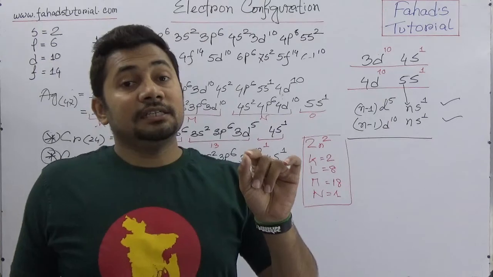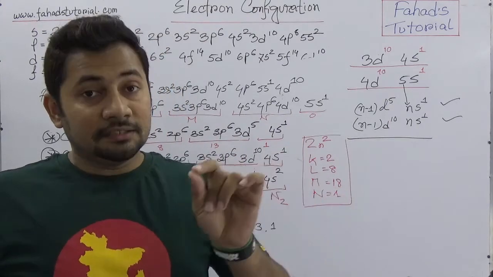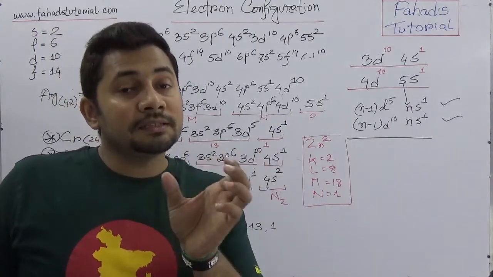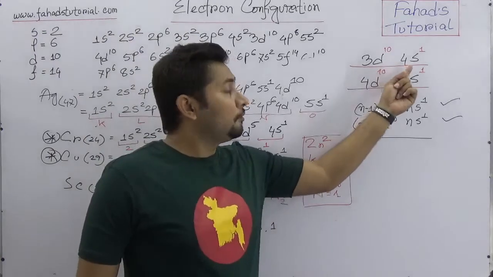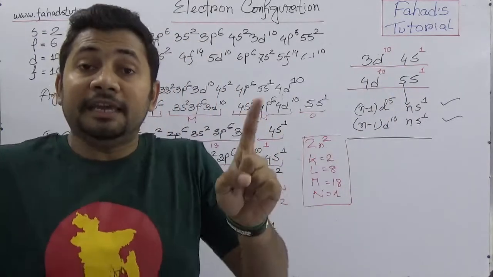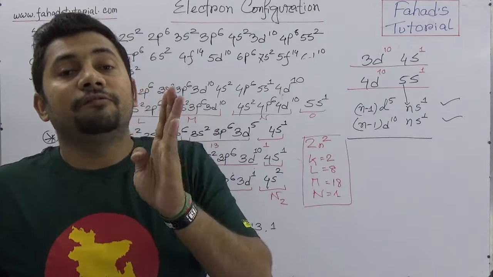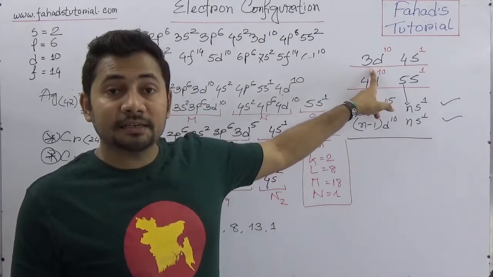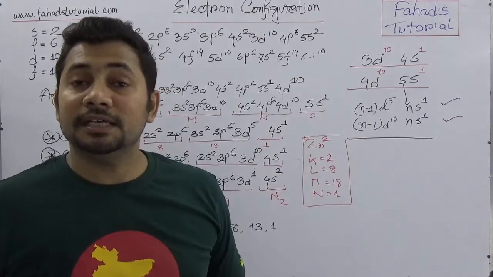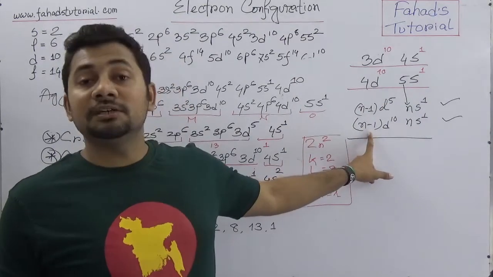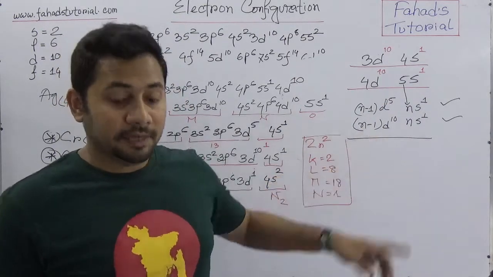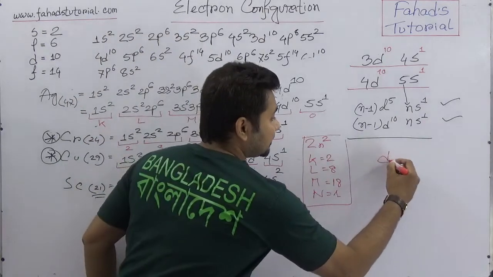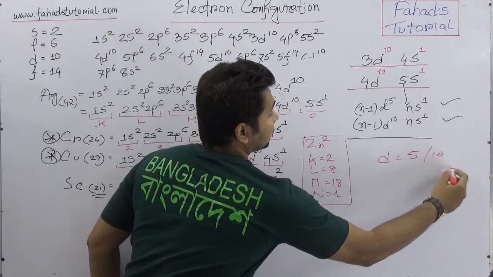So in case of s orbital and d orbital, the s should have 1 electron when the d has 5 or 10 electrons. In this case, we can say that this d orbital is half filled and this d orbital is fully filled, because we know that in a d orbital there can be 5 or 10 electrons.